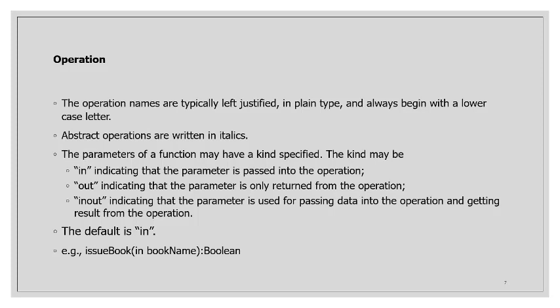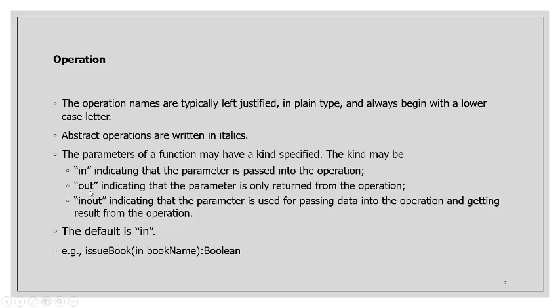Okay, the parameters of a function may be of different kinds. There are different types of parameters. The first one is the in parameter. It indicates the parameter is passed into the operation. If the parameter is passed into the operation, then we precede it by in.